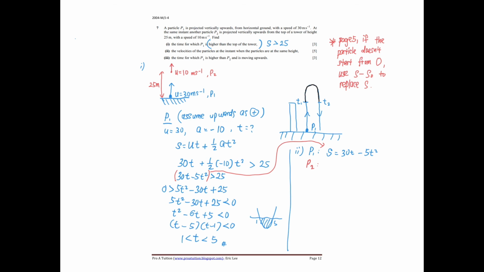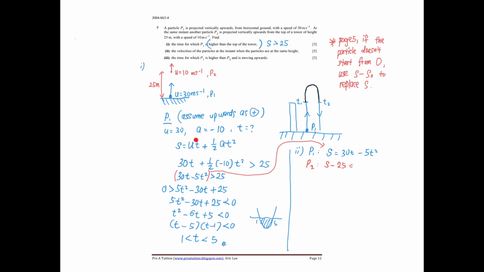Because of that, for my P2, you have S minus 25 equal to UT. I'm using the same displacement formula, but the only thing is the S I have to adjust accordingly, S minus S0.